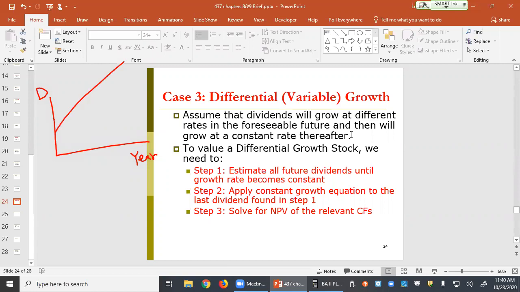So you will rarely ever see a perfectly straight line going upward. Even if the dividends are just increasing at a relatively constant rate, that's good enough for us. In that case, it may indicate that we can use the second model, the constant growth equation, to solve for the P0.